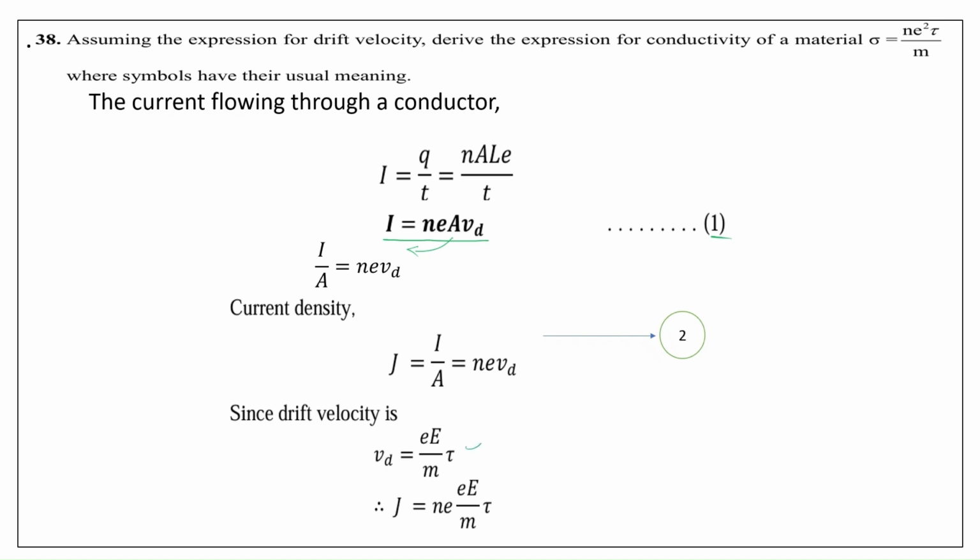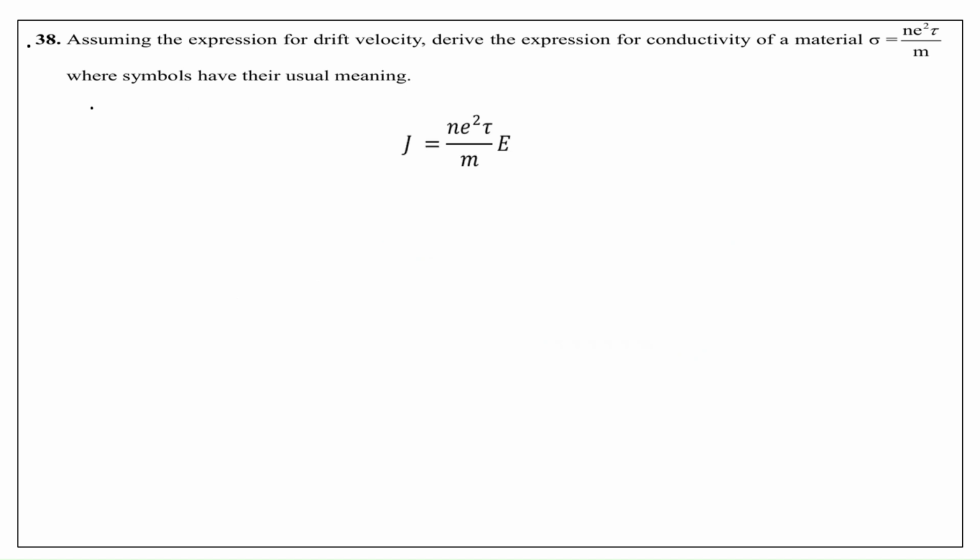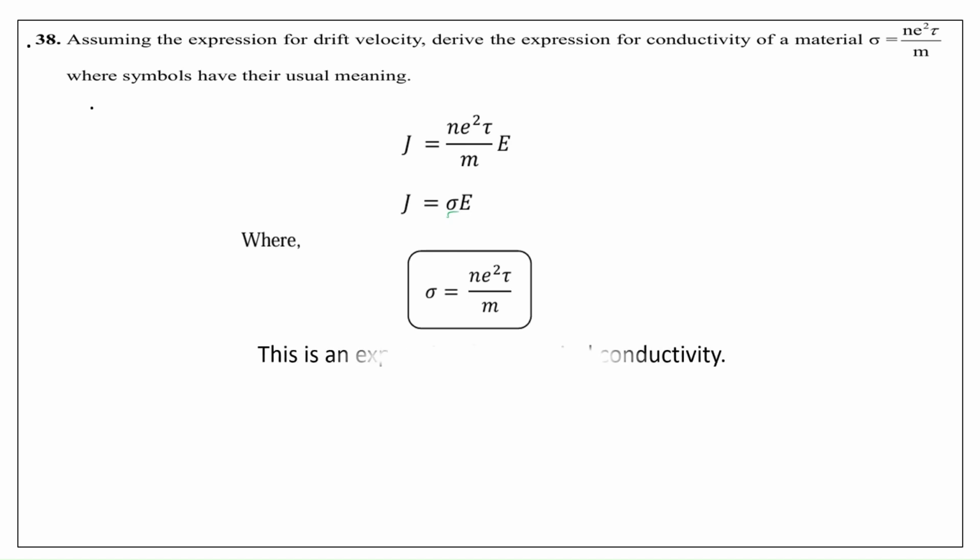We get J is equal to Ne into eE by m into tau. Therefore, we can write J is equal to Ne square tau by m into E. Therefore, we get J is equal to sigma E, where sigma is equal to Ne square tau by m. This is an expression for electrical conductivity.